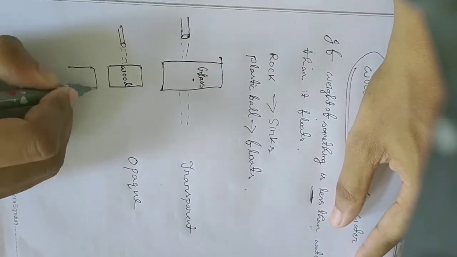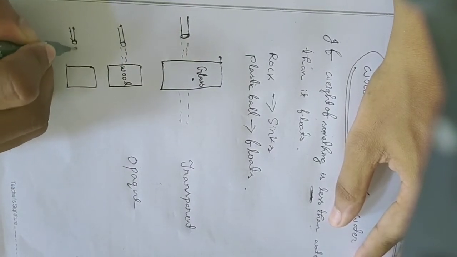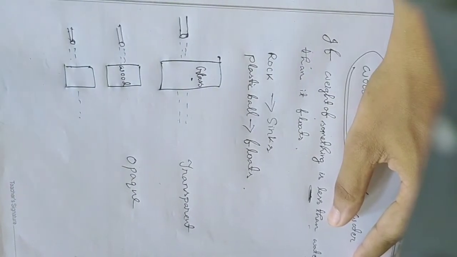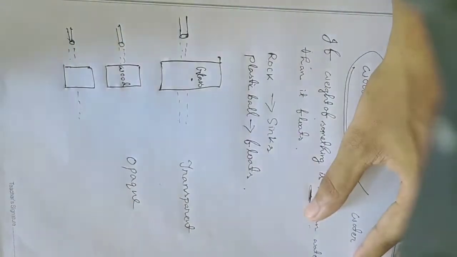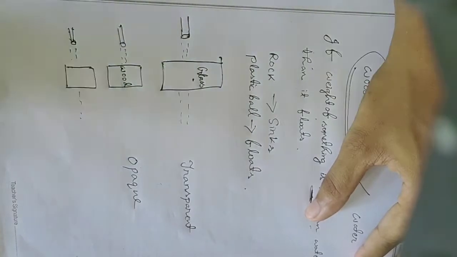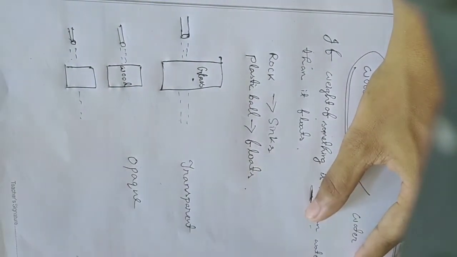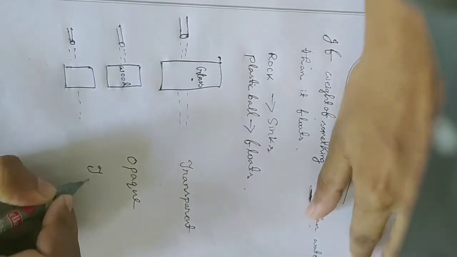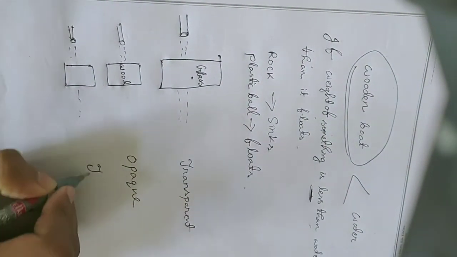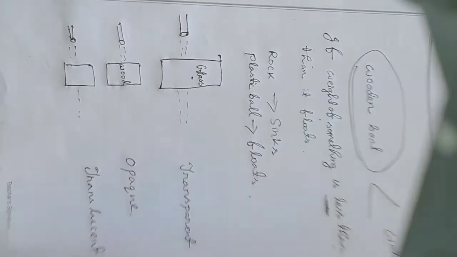And if light passes through an object only in some amount, if the object allows only some amount of light to pass through, then we can call it translucent.